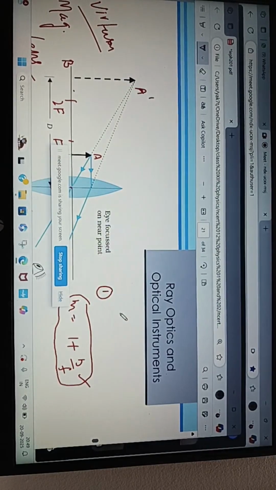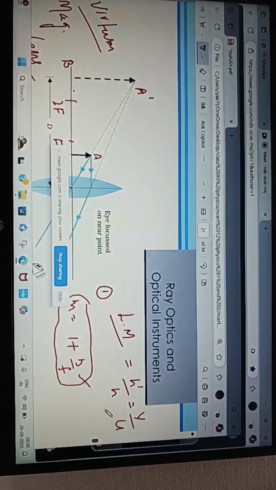No. This is derived based on linear magnification. Linear magnification means h dash by h, that is equal to v by u. Based on this, it is derived. Correct?